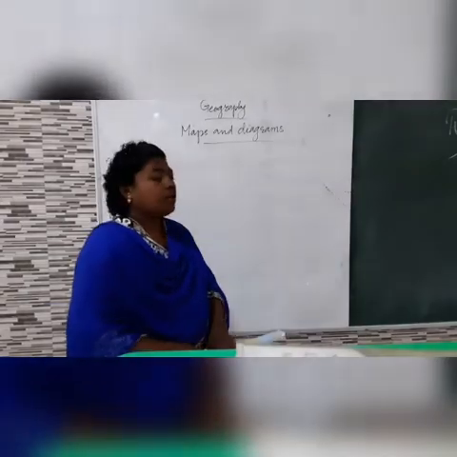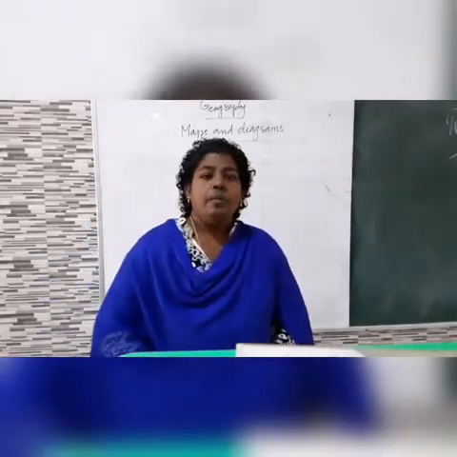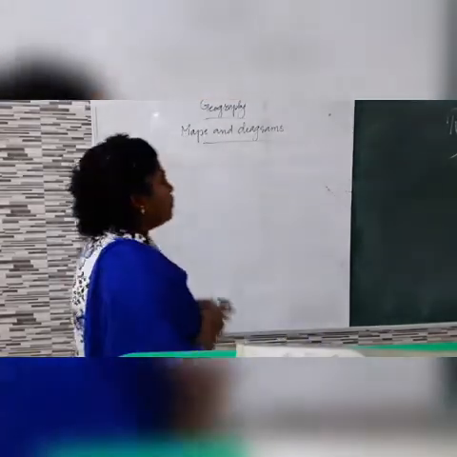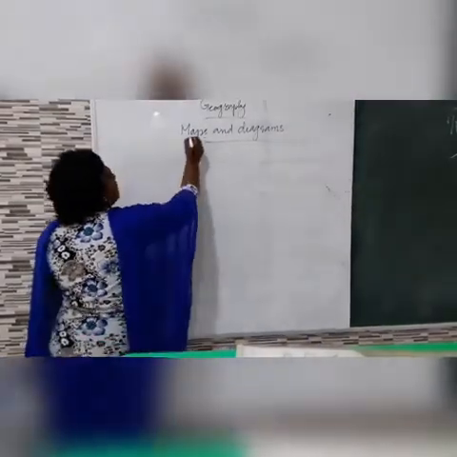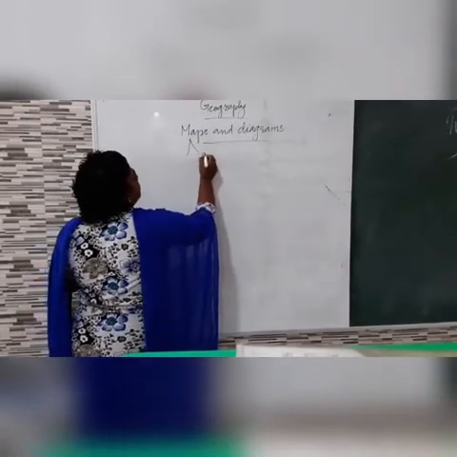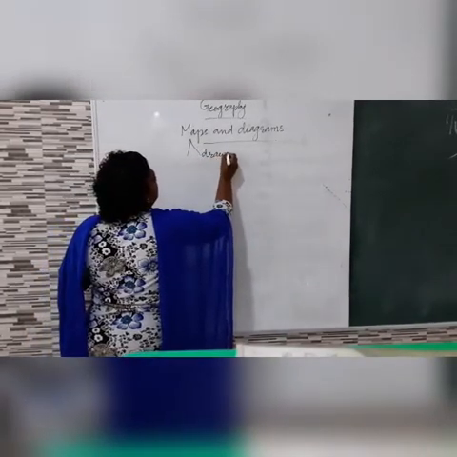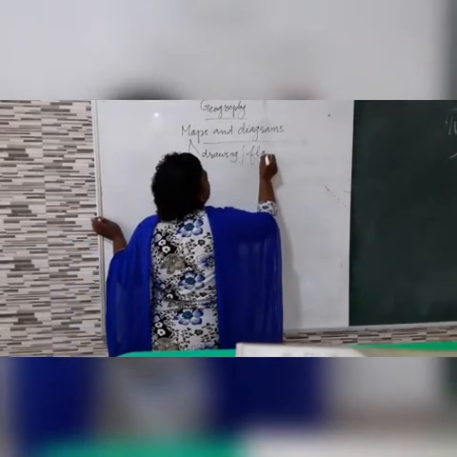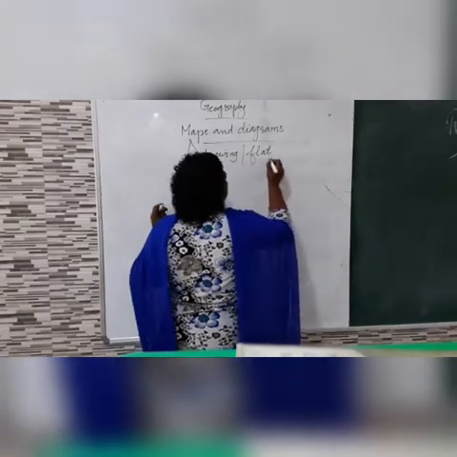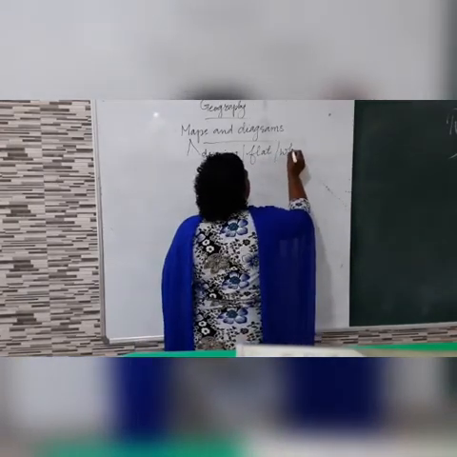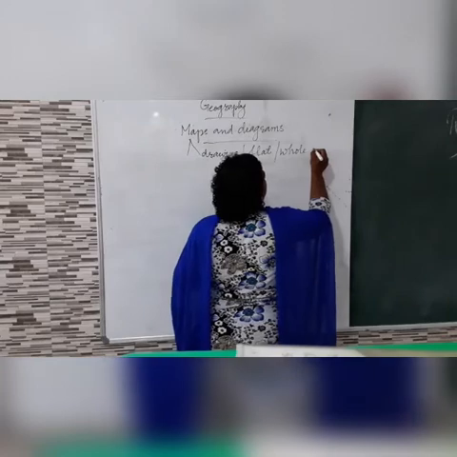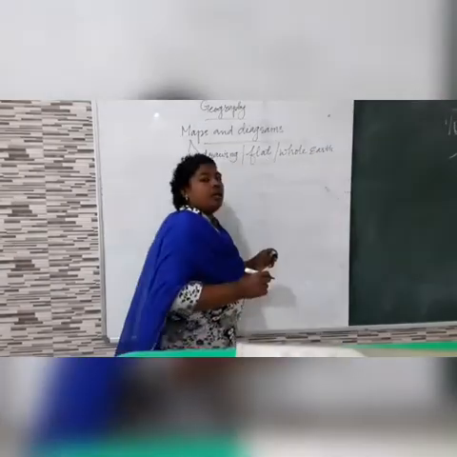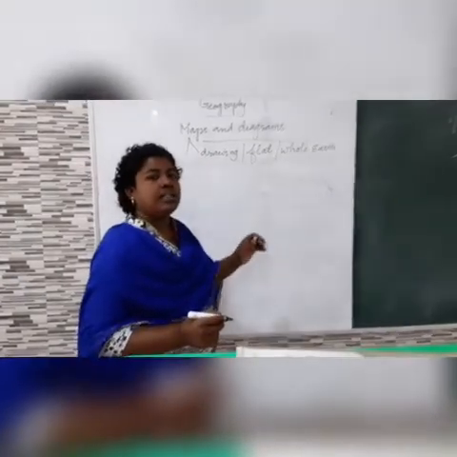Now, what are called maps? Once again, I will repeat. Maps are the drawing of the whole earth or the part of it, on a flat surface. If it is drawn as a whole earth, it is a world map.